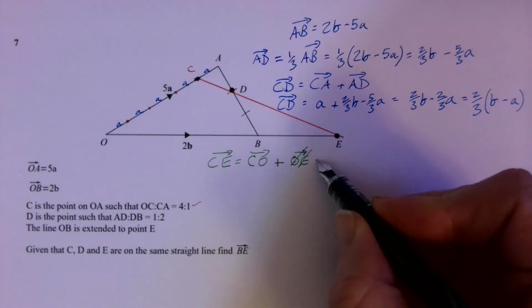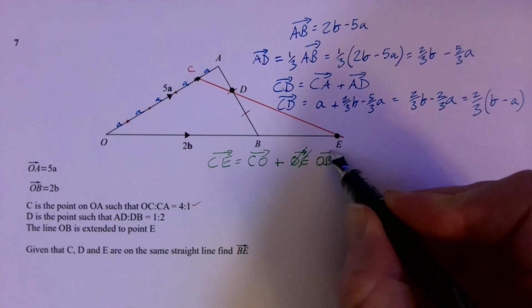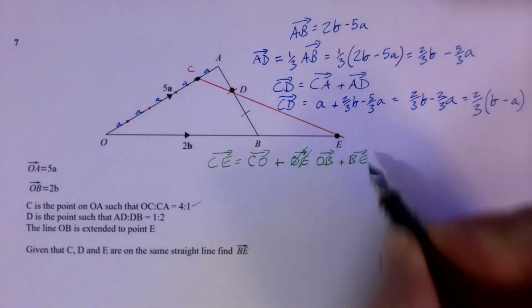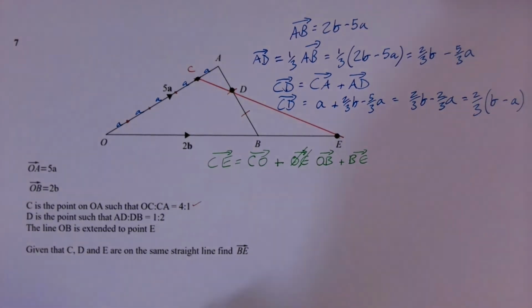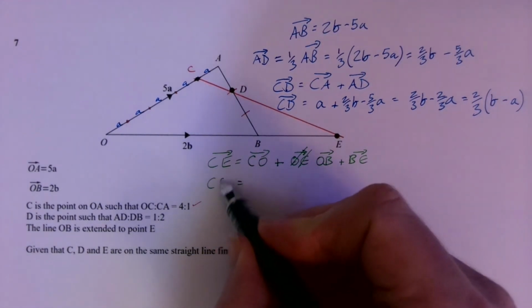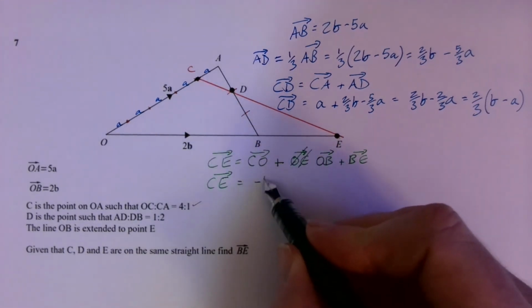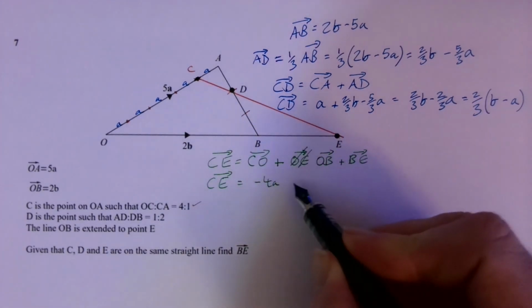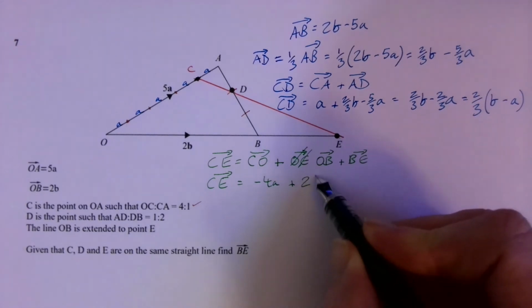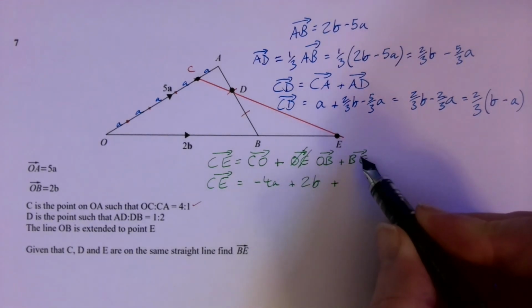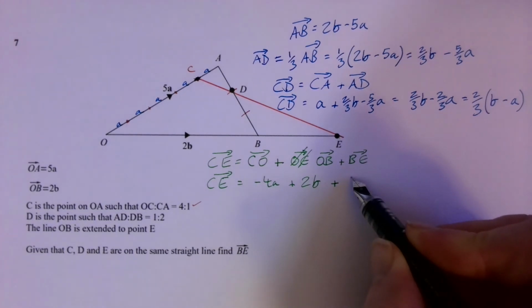We could say plus O to B plus B to E. And the only thing we don't know is E. So let's fill in what we do know. We know C to O is minus 4A. We know that OB is 2B. And then we need to add whatever B to E is.